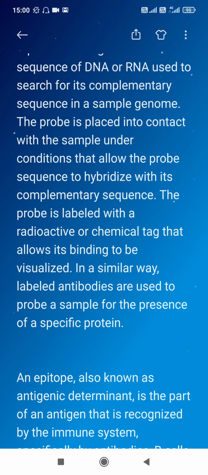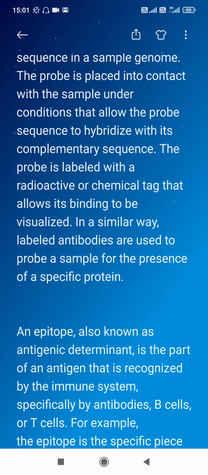This is the difference between a probe and a primer. A probe is labeled with a radioactive isotope or a chemical tag that allows its binding to be visualized. How can you visualize them? By autoradiography, flow cytometry, and other different techniques that can be employed.